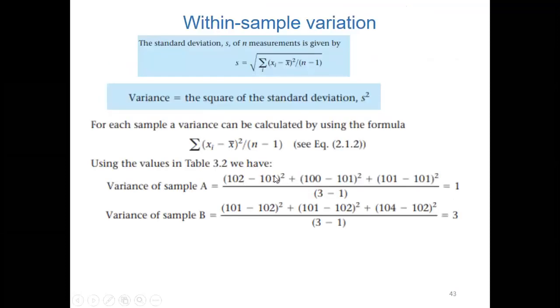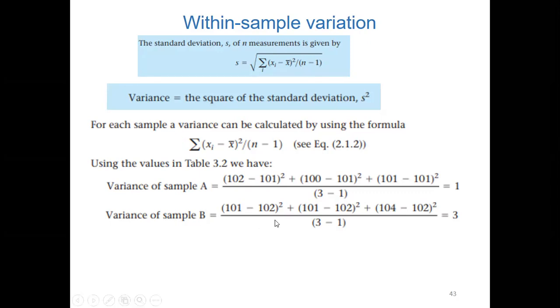So 102 minus mean, 100 minus mean, 101 minus mean. Then we take the square of the difference in all cases, and n minus 1 is the degrees of freedom because the number of samples is 3 minus 1. Then when we solve this equation, we will get the variance of sample A equals 1.